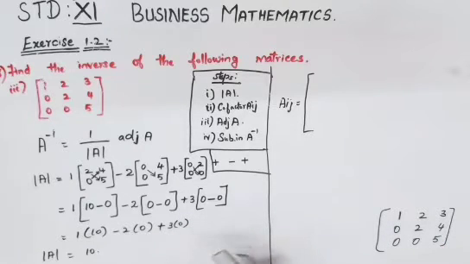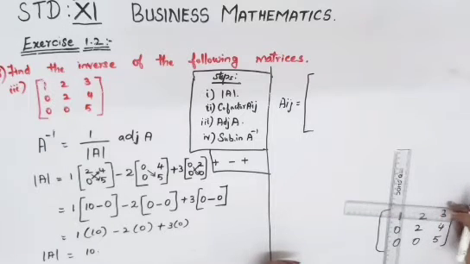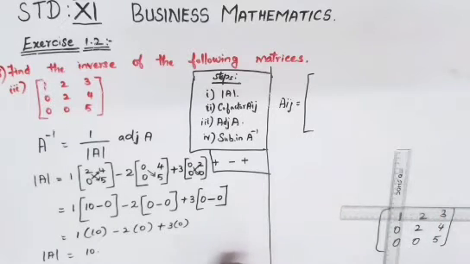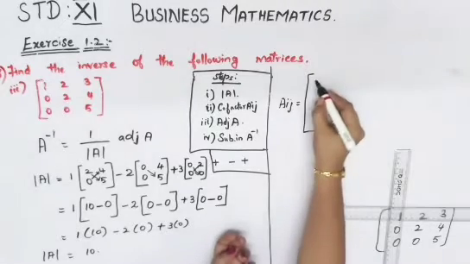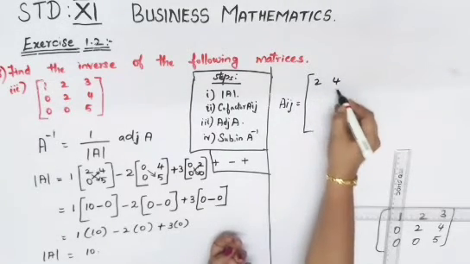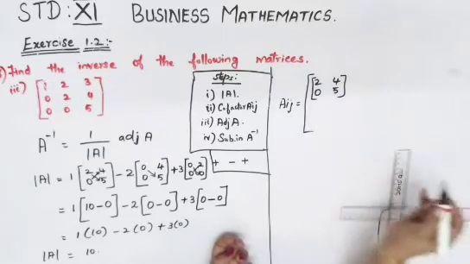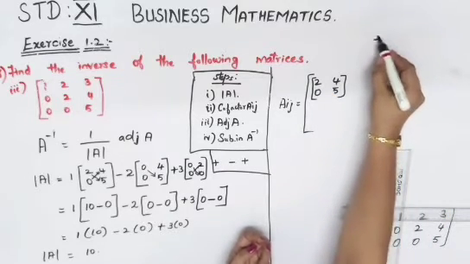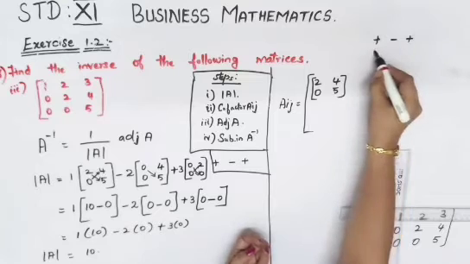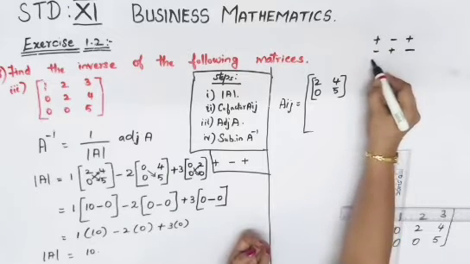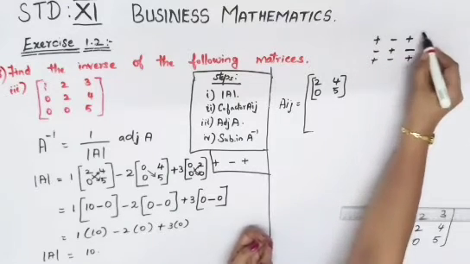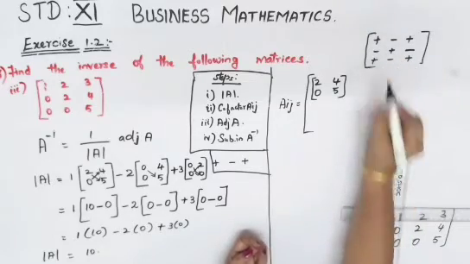To find the minor, what we have to do is close that column and row. Regarding column and row, we close it. The left out terms you write here: 2, 4, 0, 5. Then you have the symbols, you will have to insert them: plus, minus, plus, minus, plus, minus, plus, minus, plus. So you insert the symbols for your cofactor.